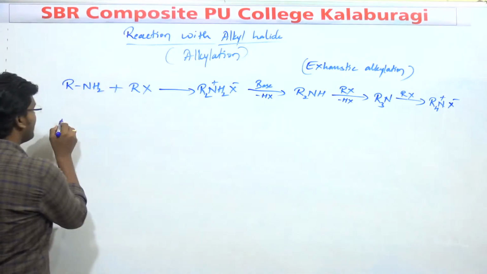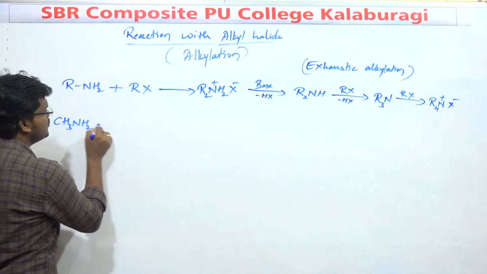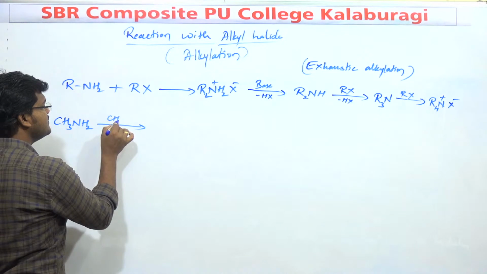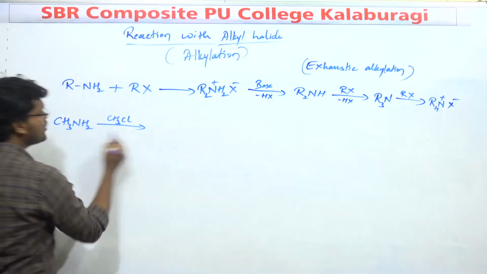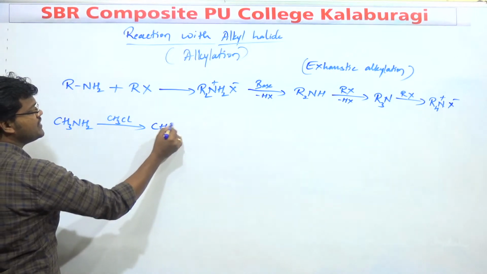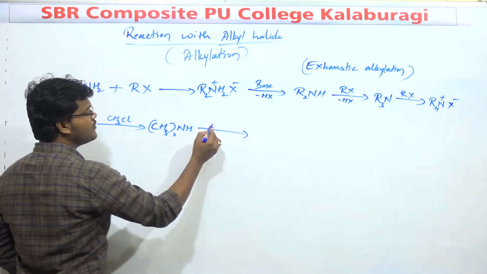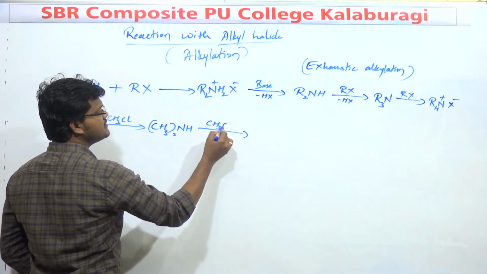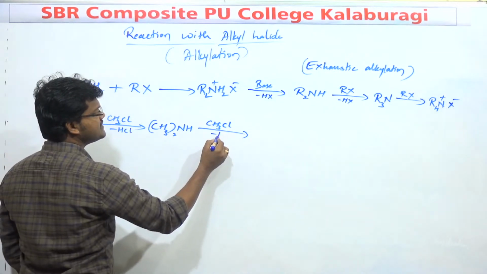For example, I am having CH3NH2. To this one, I will add CH3Cl. I will write this product directly. What am I going to get, you tell me? I am going to get (CH3)2NH. Again, I will add one more mole of CH3. In all the cases, HCl is removed. Here again, HCl is removed.